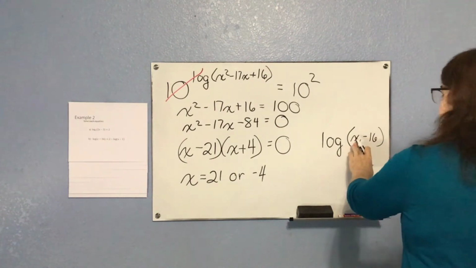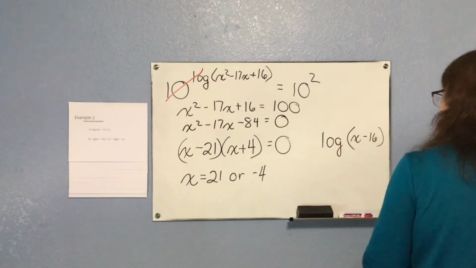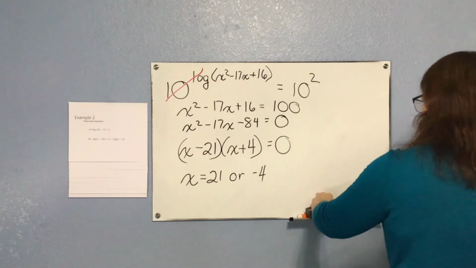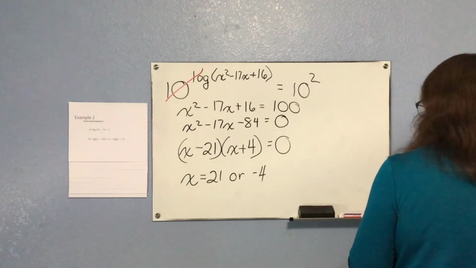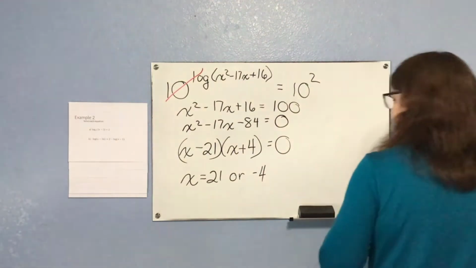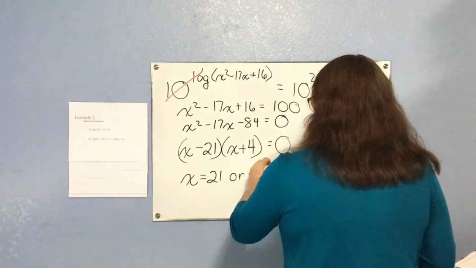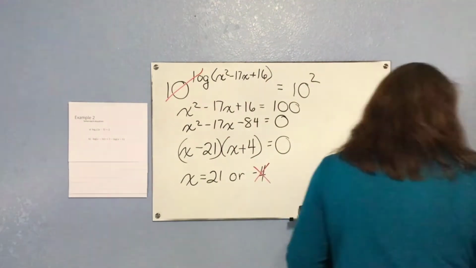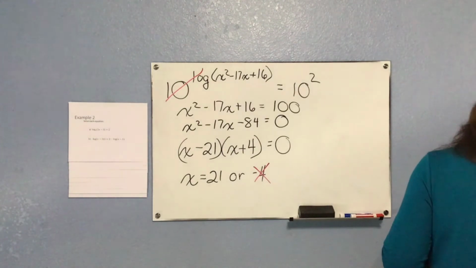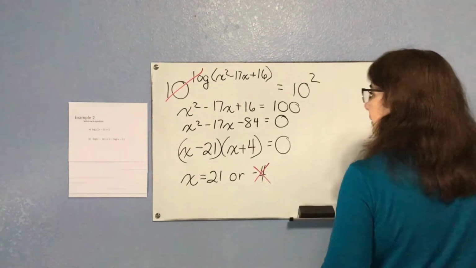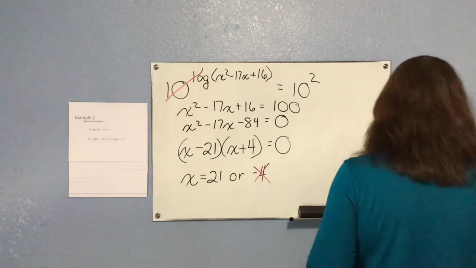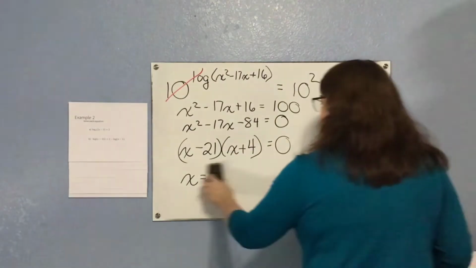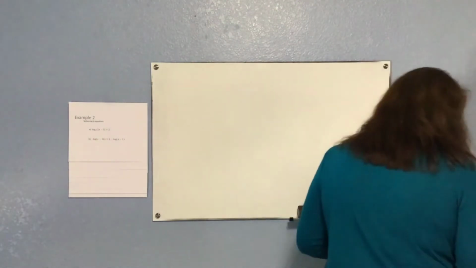And if I put negative 4 here, this is still negative, and I can't do that. So negative 4 is not an acceptable solution, and our answer is 21. Okay, and we can put 21 back in our original to verify. So let's work one more example.